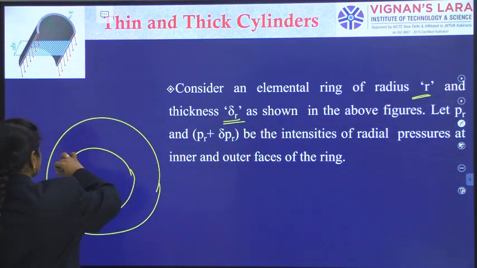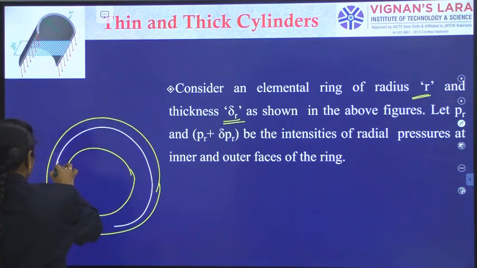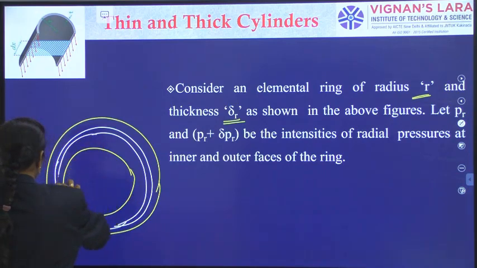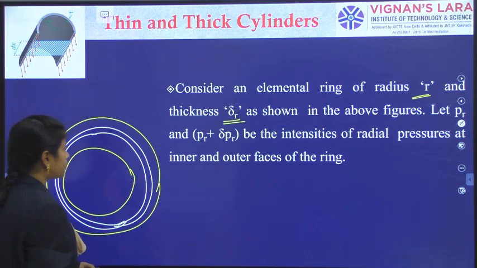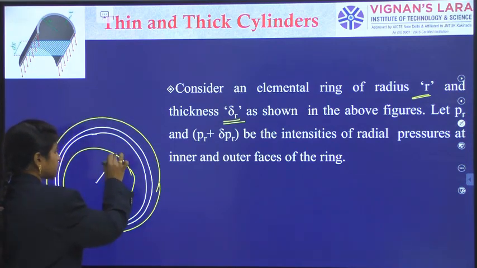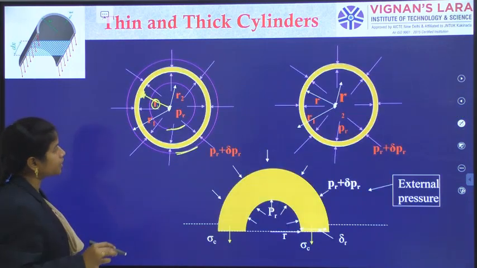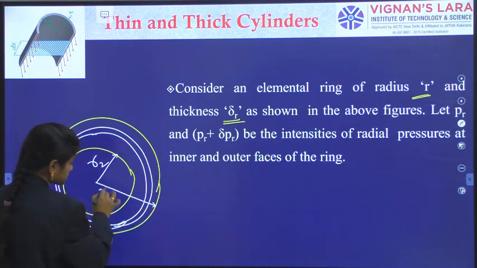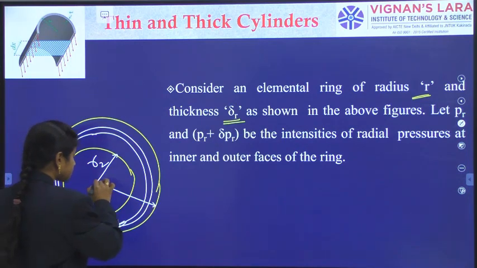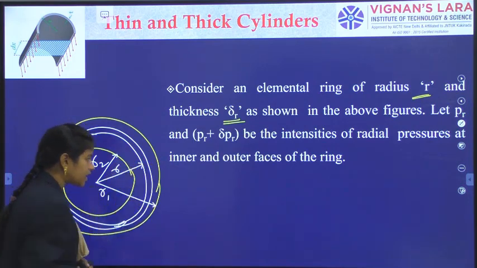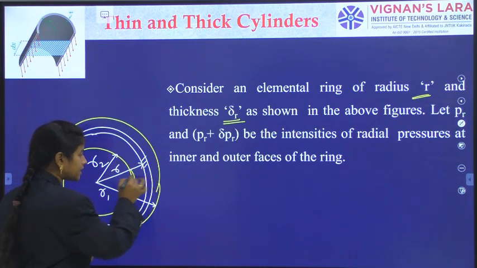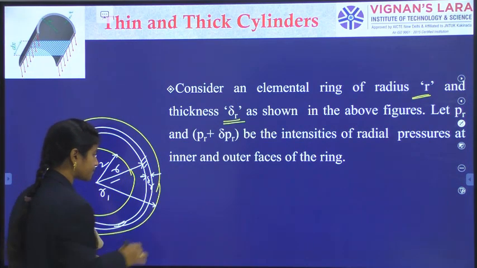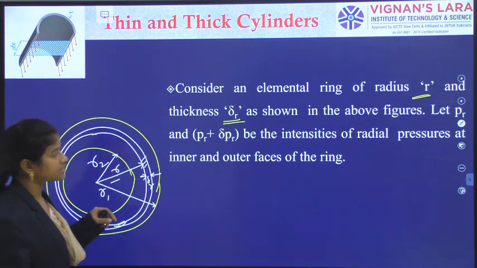So this is the cylinder. From the center up to this one is R2, right? And from the center up to this radius is R1. Now from the center at a radius of r, we have chosen an elemental ring having a particular thickness delta r.